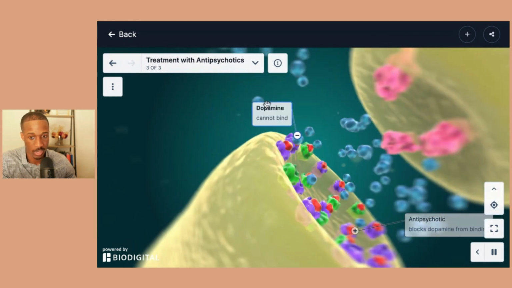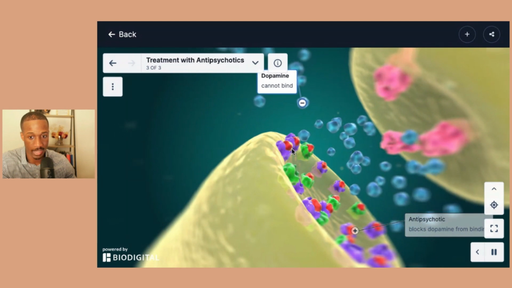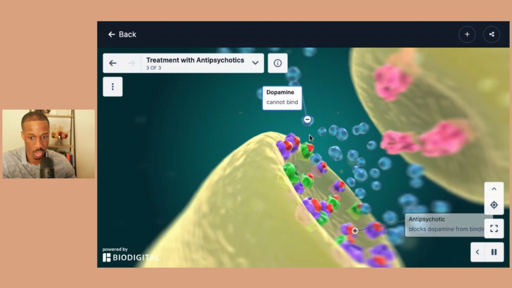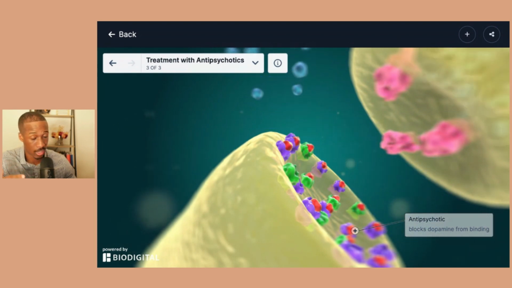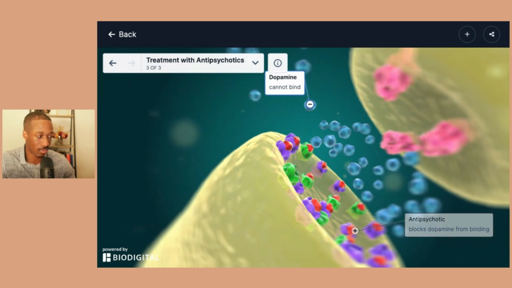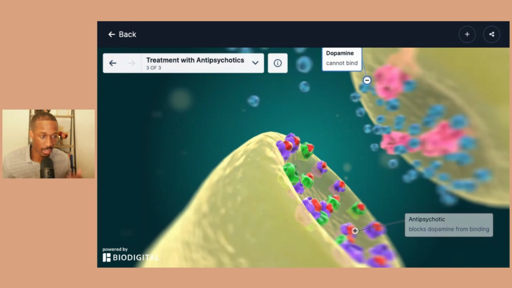These antipsychotic medications are binding onto these receptors and blocking dopamine from binding to them. In doing that, they're modulating the dopamine activity in the pathway, which is therefore relieving psychotic symptoms, right?